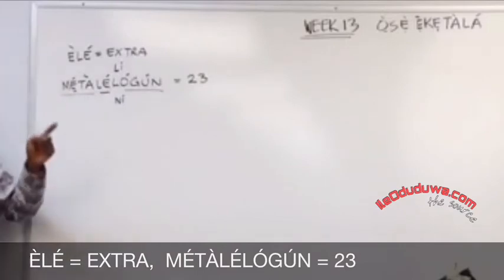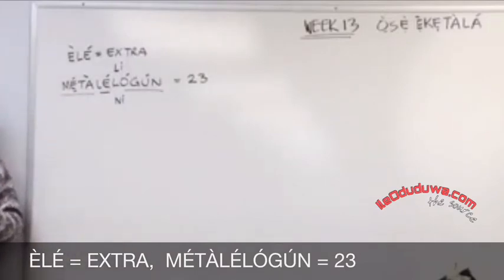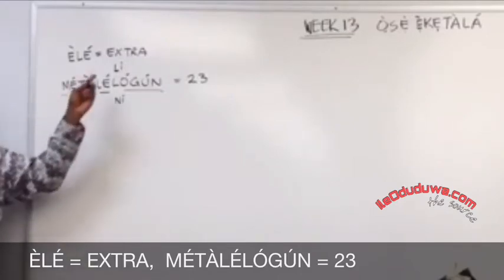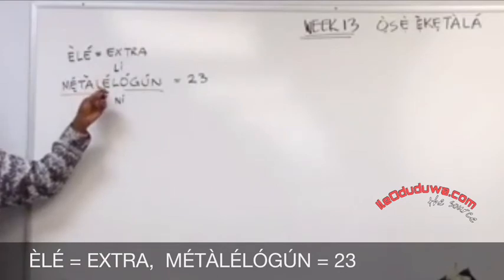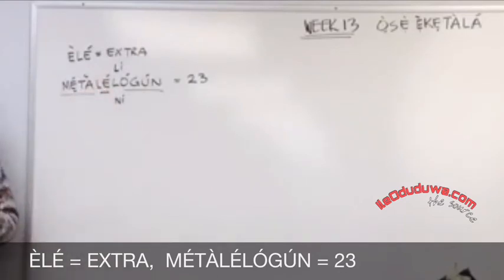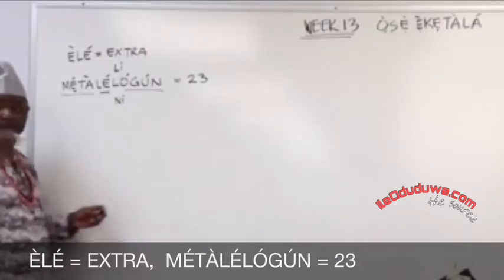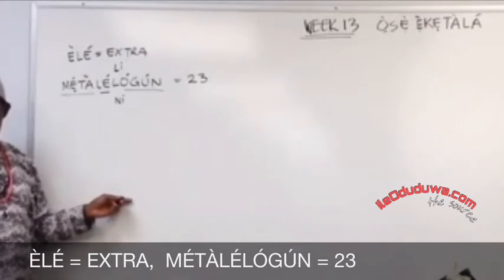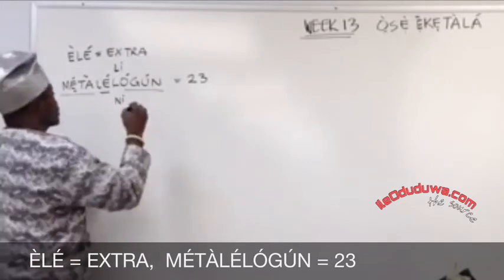And I explained that if you go from 1 to 5, you use the le. If you go beyond 5, from 6 to 9, you use din. You start to subtract. In Yoruba, you start to subtract.